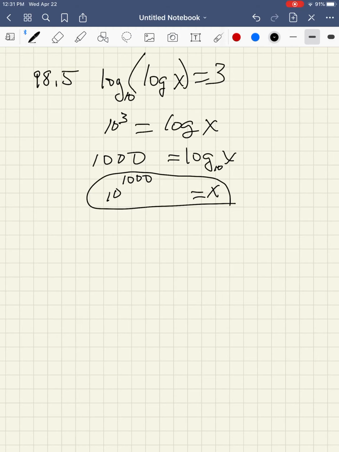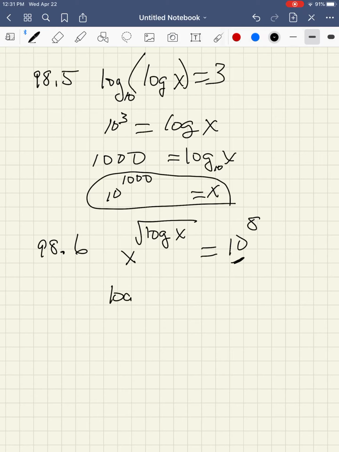Okay, last example in this lesson on page 564, 98.6 is x raised to the square root of log of x is equal to 10 to the 8th. All right, we have a base of x, a base of 10. You know, if we take the log of both sides, at least we'll get rid of this 10. So let's try that.